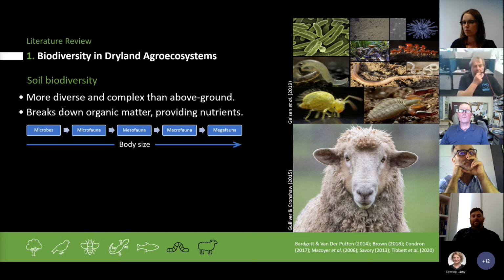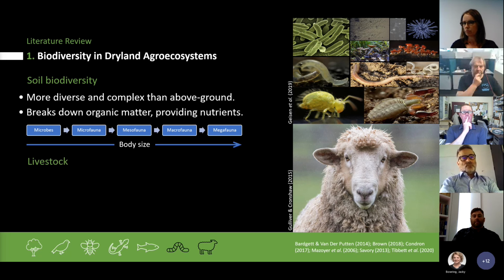Organisms range in size from microflora and microfauna, which are bacteria, fungi, protozoa, and nematodes, to mesofauna, springtails, mites, macrofauna, lovely earthworms, to megafauna, so moles and some rodents.